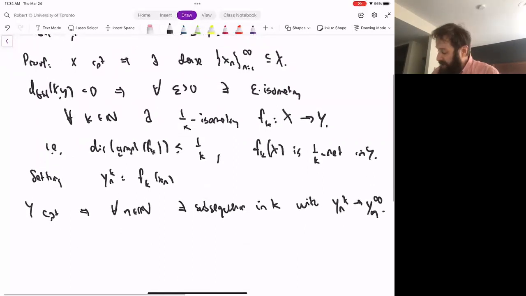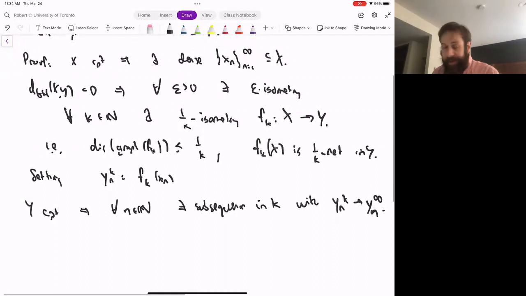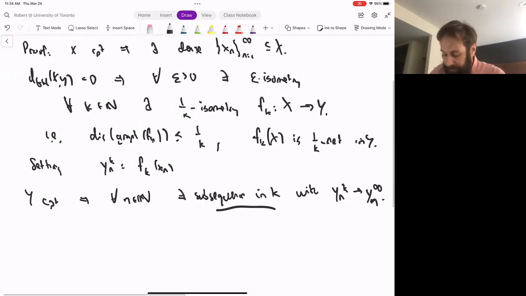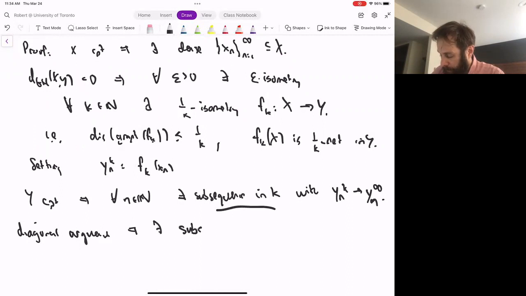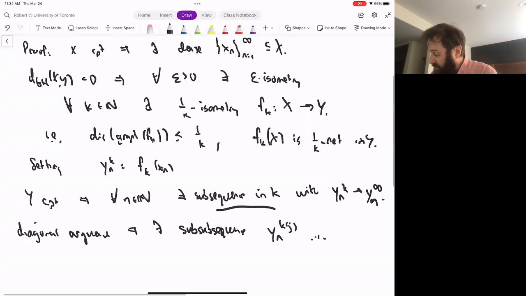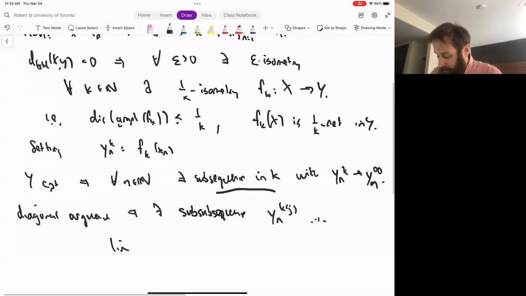Using a diagonal argument, I can extract a subsequence from all these subsequences which is going to converge both for k and n. So let's say y_{n,k_j} such that the limit as j goes to infinity exists.